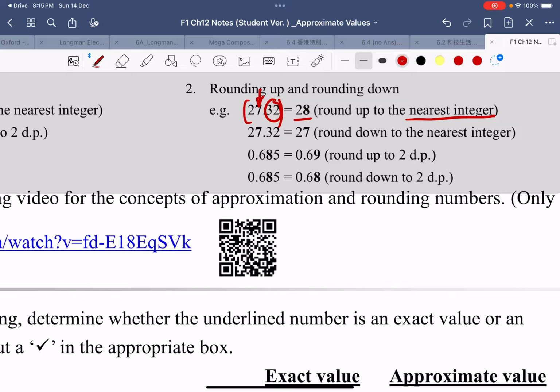So what is the meaning of rounding down? By the same example, 27.32, you round it down to the nearest integer, which means no matter what these numbers are, leave them, and then it becomes 27 only.